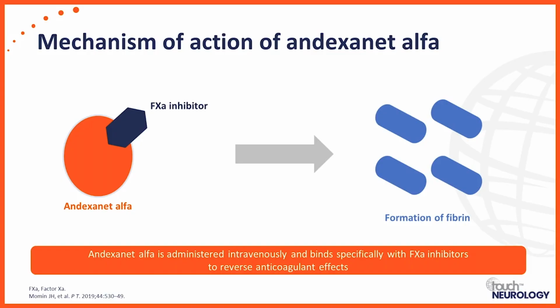Andexanet alpha is a modified factor 10. The way it works is that, besides the factor 10 that is blocked by, or linked to, the DOAC, you are adding more factor 10, which then sucks away the DOAC from the natural factor 10.